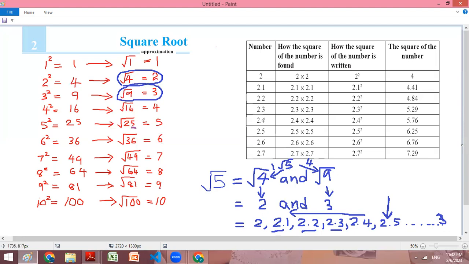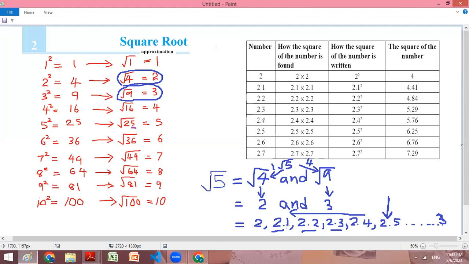Why? Very close to the square root of 4. Therefore, very close to the answer 2. Then we neglect 2.4 and greater values. We consider only low values.